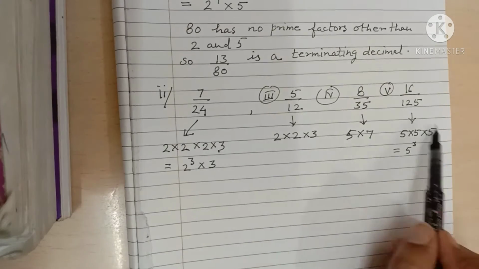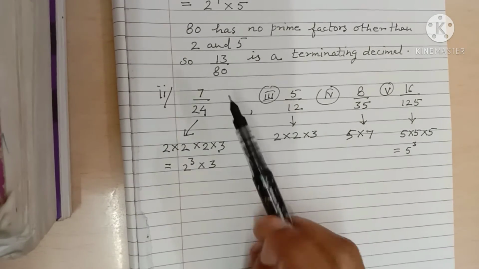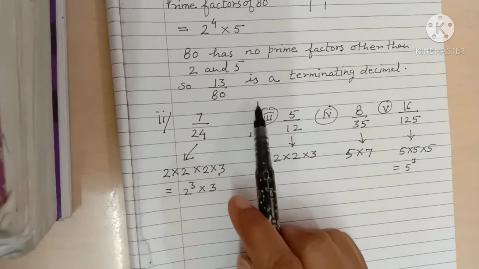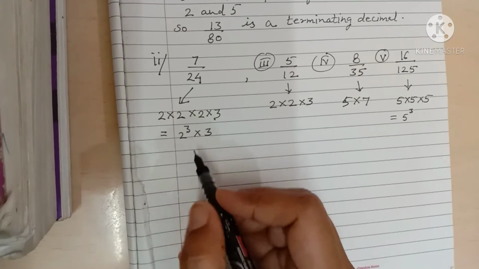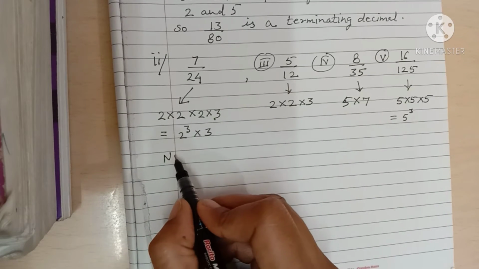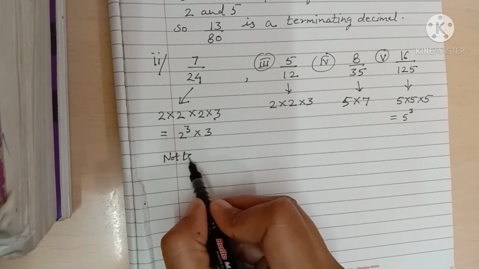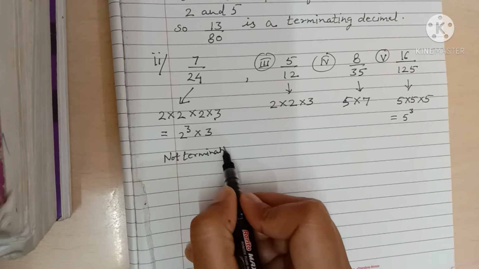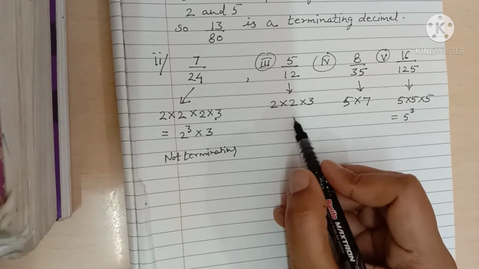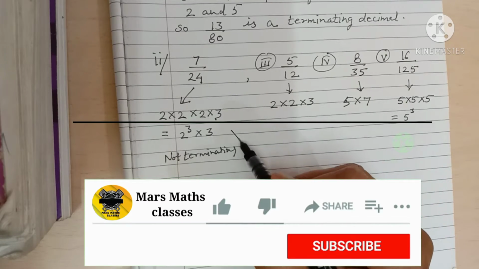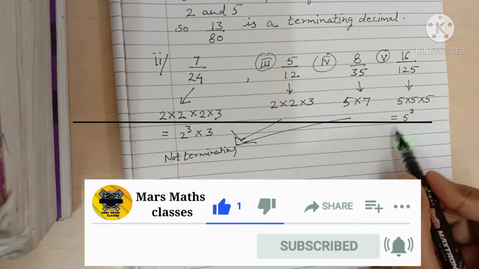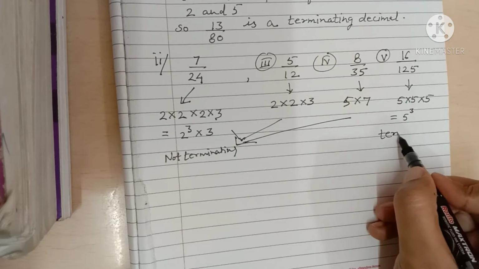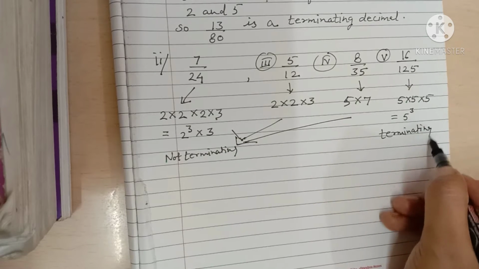So you will do all these 4 like part 1 has been done. Okay, so I am writing here only not terminating, not terminating, this is also not terminating, and this. These 3 are not terminating, but this is terminating decimal.